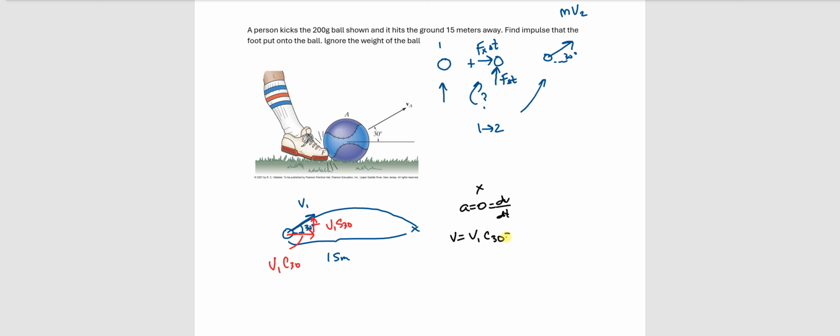And keep in mind this is dx dt. This now integrates to v1 cosine 30 t plus another constant. But if we put our coordinate system here at t equals 0, x is 0. So we get v1 cosine 30 t equals x.